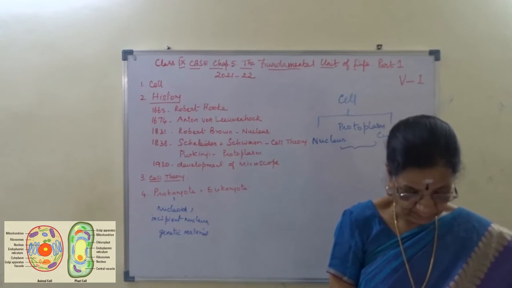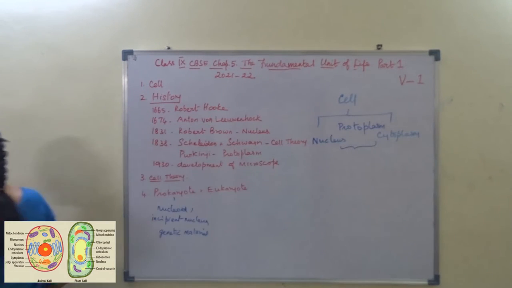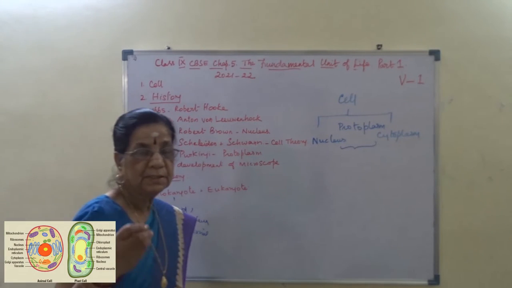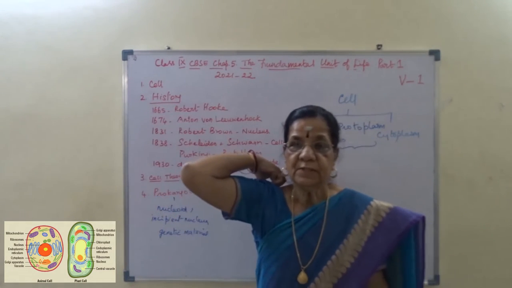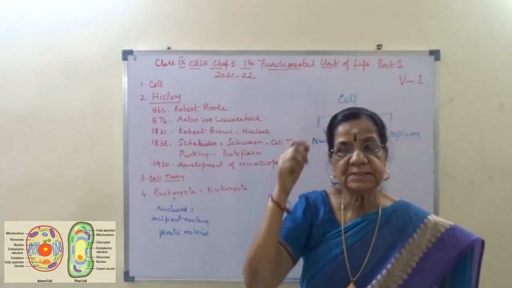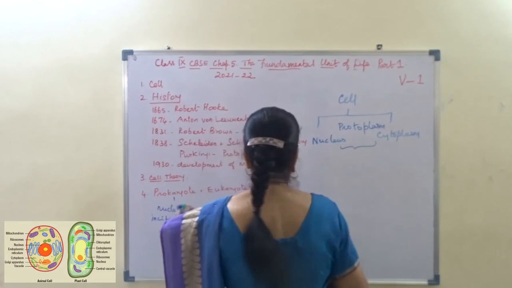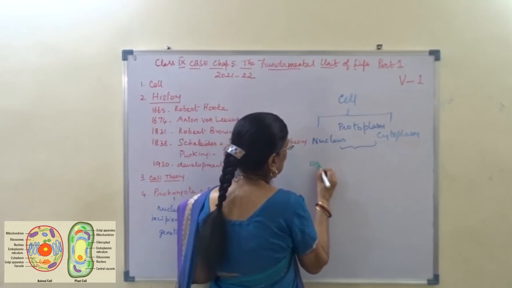Now, consider the onion peel. When you cut an onion, a very thin skin of the onion comes off. That is the onion peel.